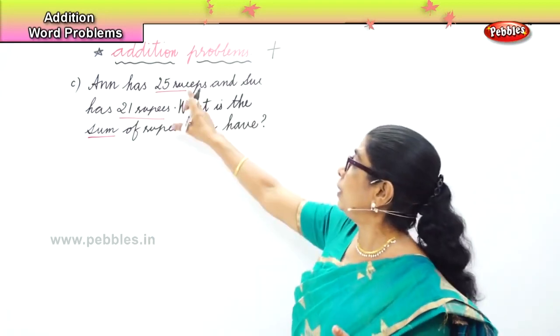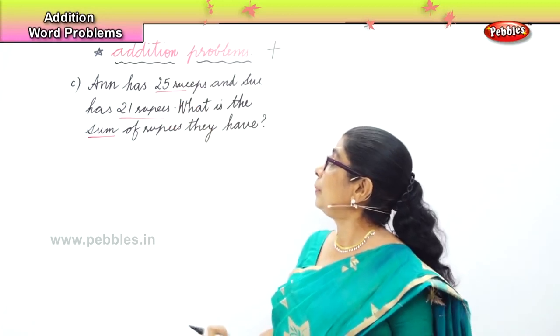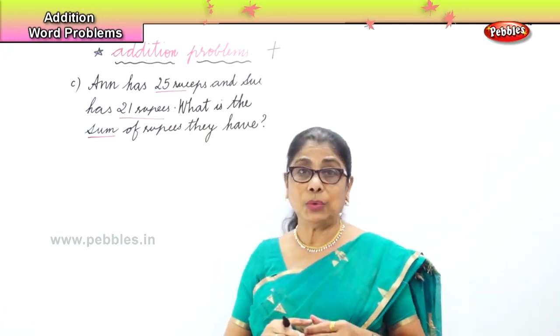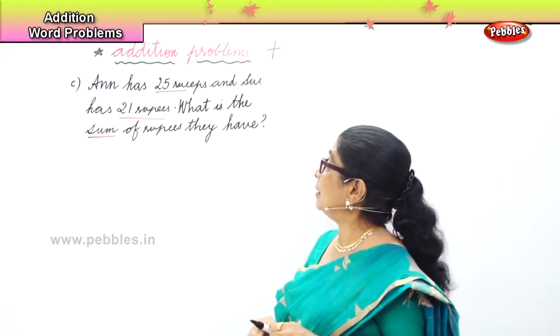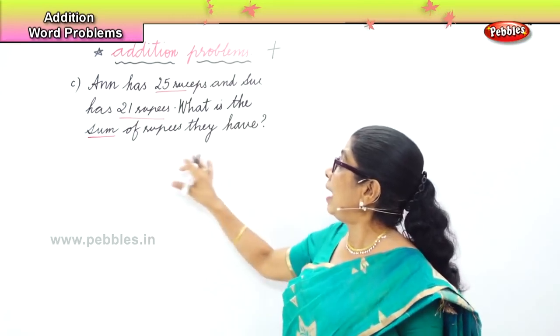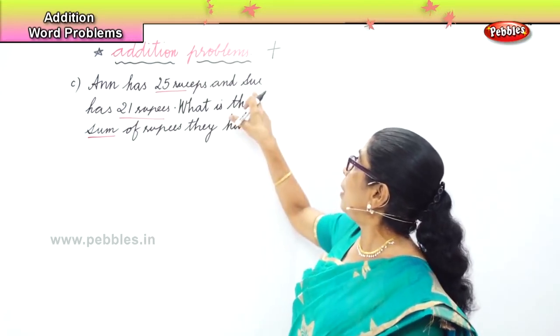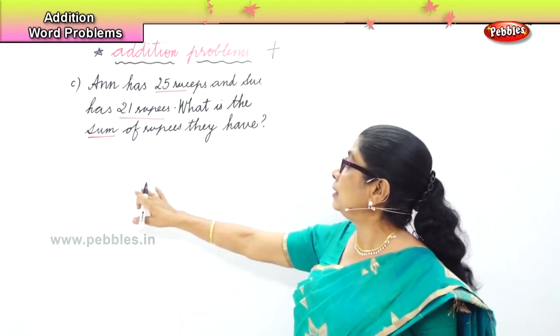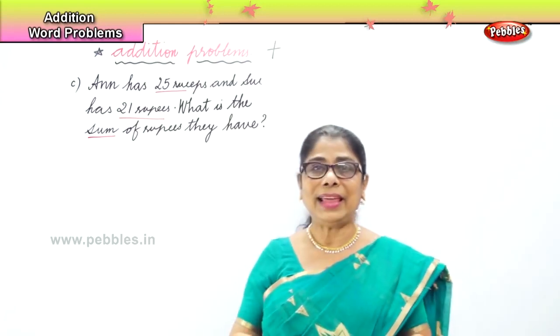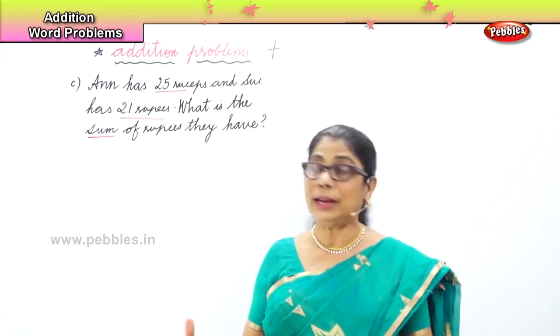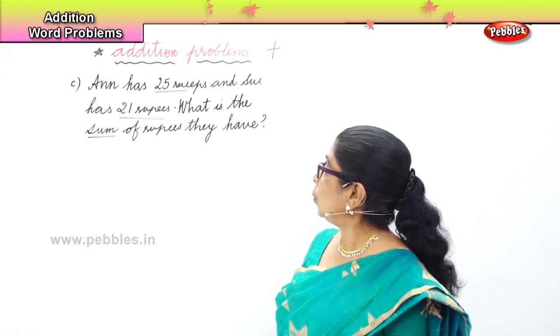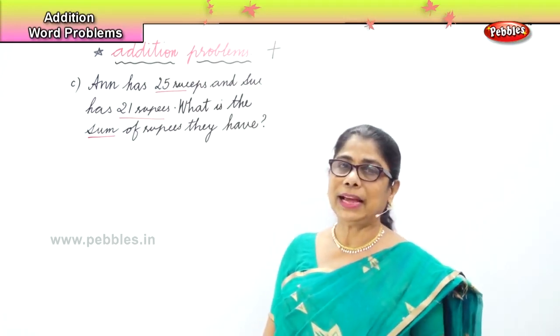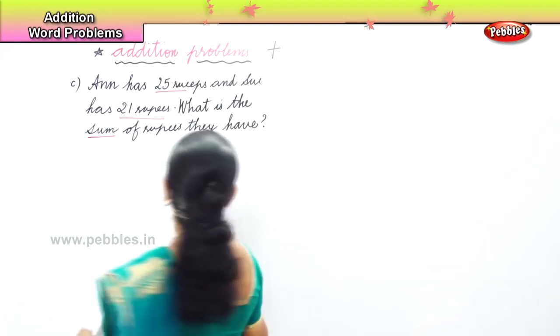Number one, what is the first statement? You will say amount Anne has 25 rupees. Amount Sue has 21 rupees. Therefore, sum of rupees they have, or total amount they have together, that we will find out.